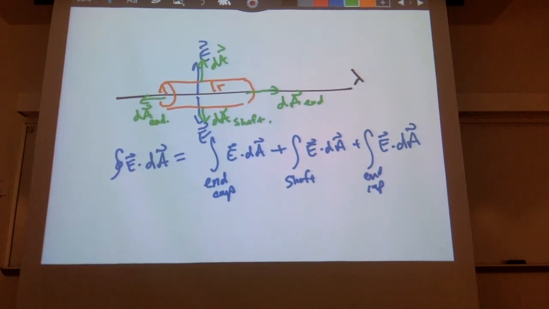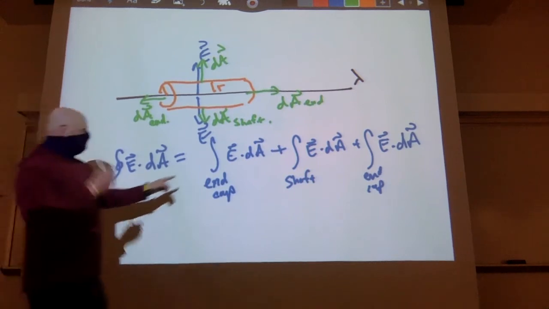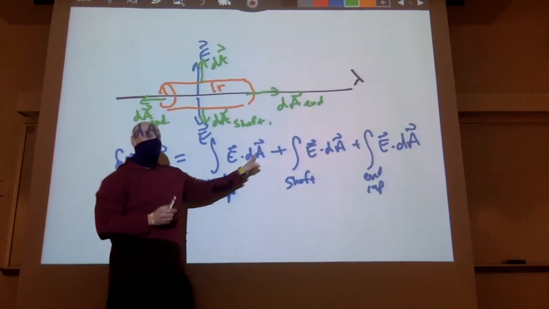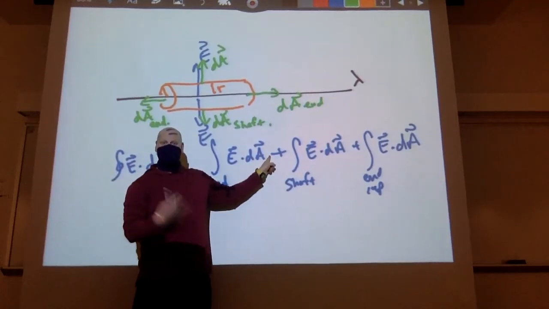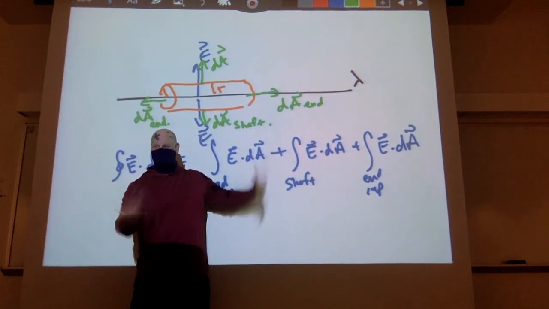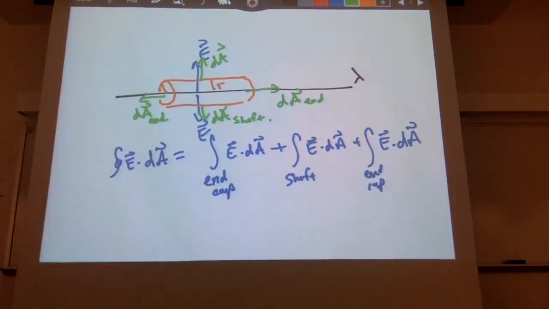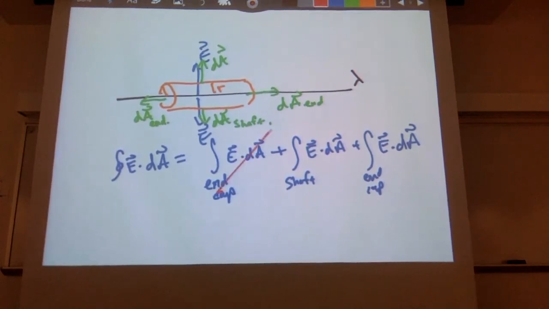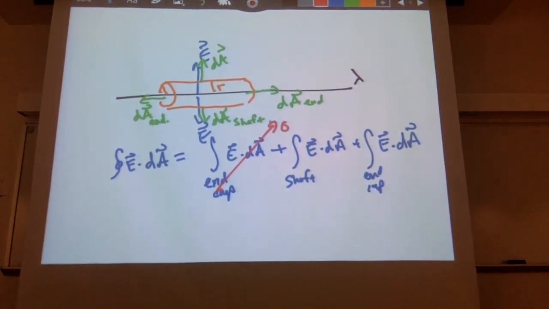It's 90 at all angles, which means this is the same thing as the electric field times dA times cosine of 90 degrees. Well, what's cosine of 90 degrees? 0, right? Which means that I get 0 contribution from this end cap.